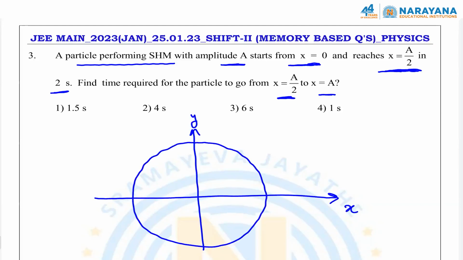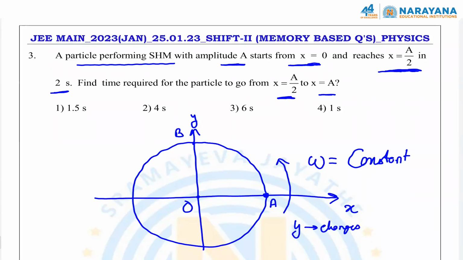And if we talk about a particle moving with a constant angular velocity, then as it moves from point A to point B, its y coordinate changes from 0 to A, where A is the radius of the circle.